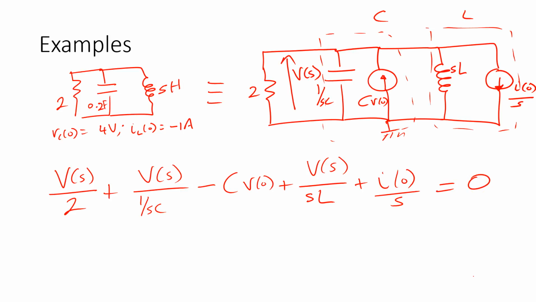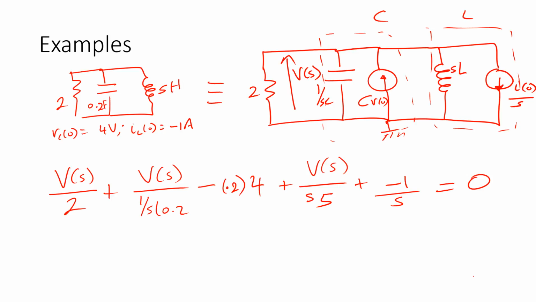So I could substitute my values now, and I will get this should be 0.2, 0.2, L is 5, I0 is minus 1, and V0 is 4.